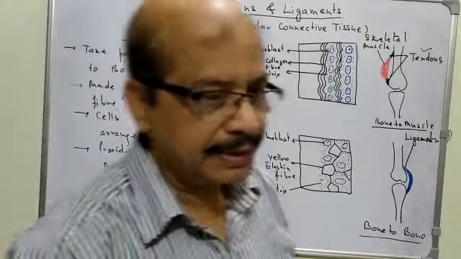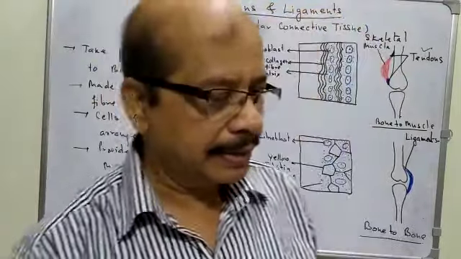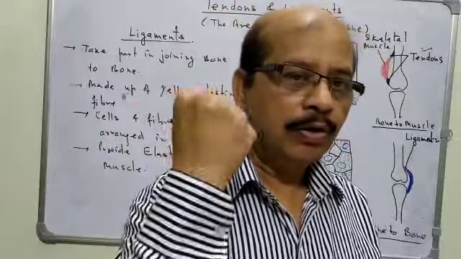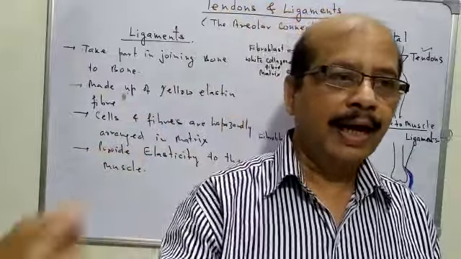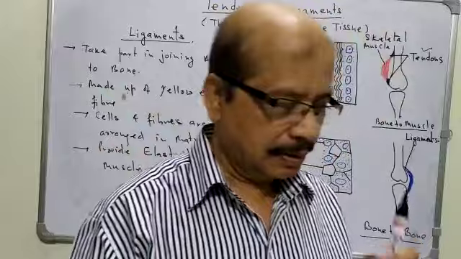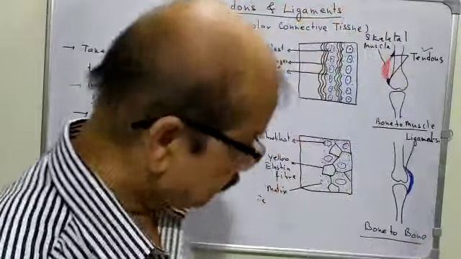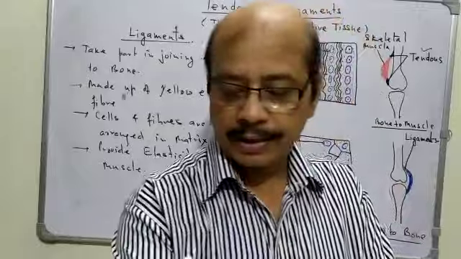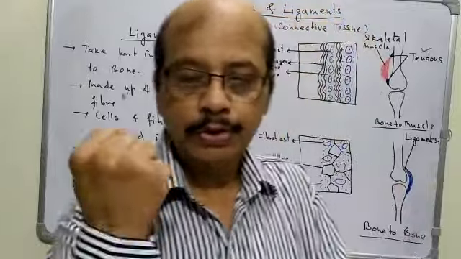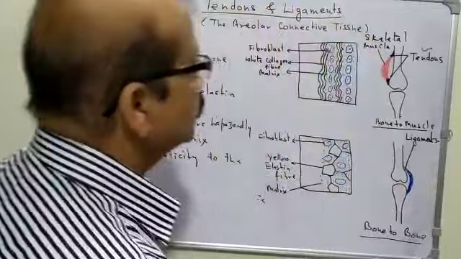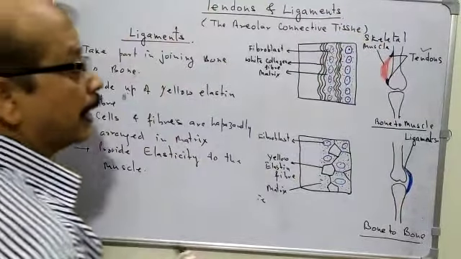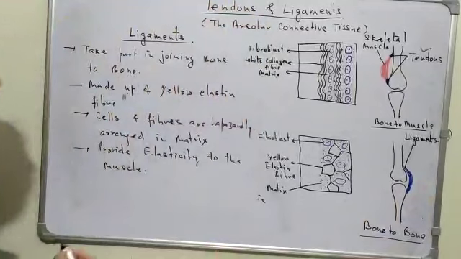Unlike tendons, they are not tough and rigid, but they are elastic so that we can move our hands, our legs, our other body parts. If they were tough in nature, we would be unable to move our hands. So they are loose and elastic in nature.